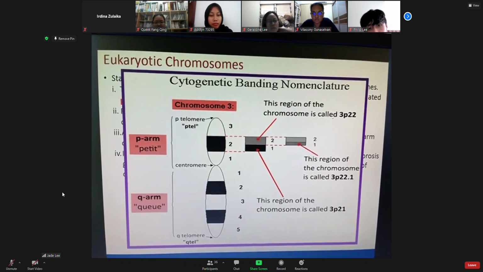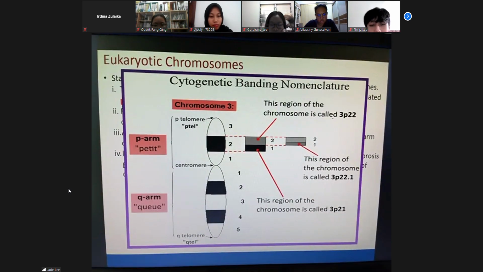Okay. Now, kalau kita tengok the nomenclature, bagaimana kita nak baca kromosom ni. Contohnya kita ambil example of chromosome 3. So, this one, yang ini, we will call P, petite, P-arm, and Q-arm. Q-arm is Q lah, Q-U-E-U-E. Tengah-tengah ini kita panggil dia centromere.